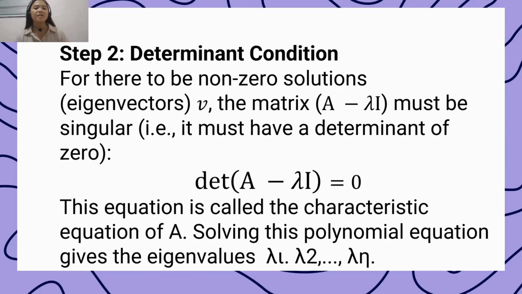So determinant of A minus lambda times the identity matrix equals 0. This equation is called the characteristic equation of A. Solving this polynomial equation gives the eigenvalues lambda sub 1, lambda sub 2, up to lambda sub n.